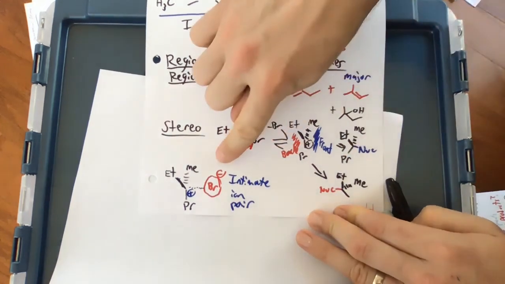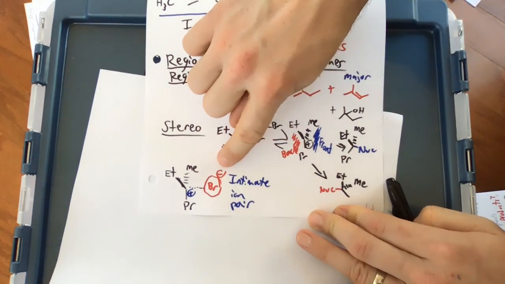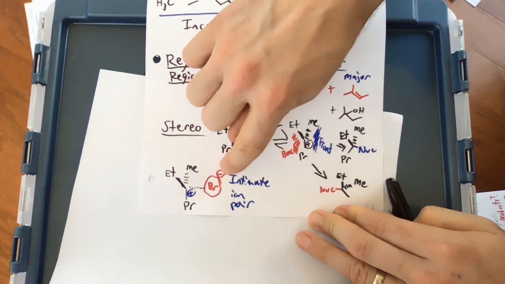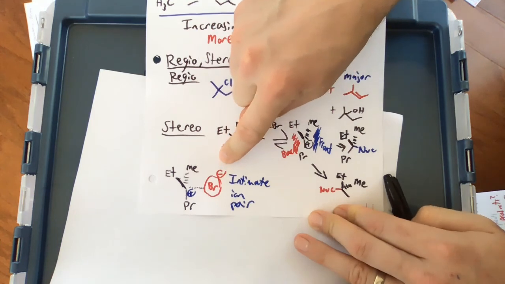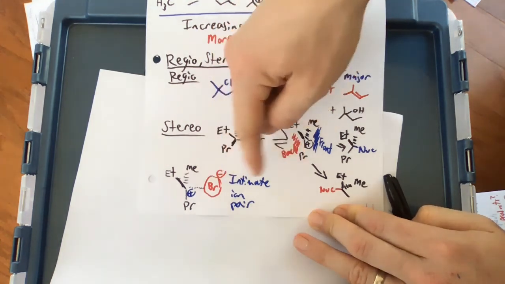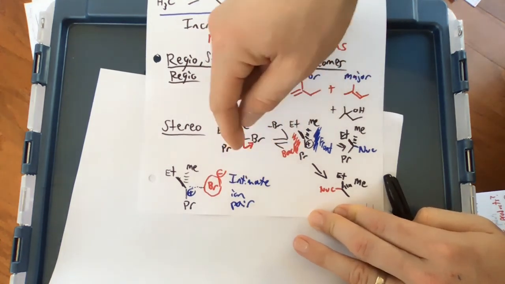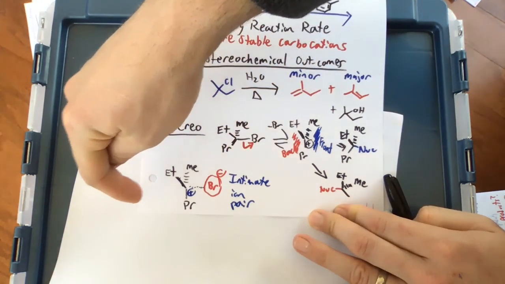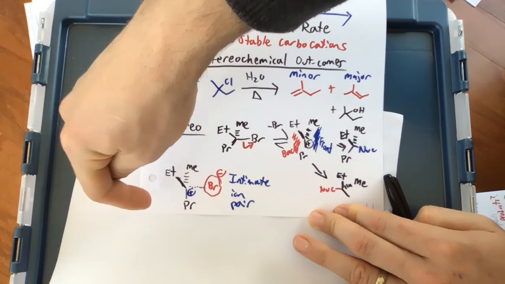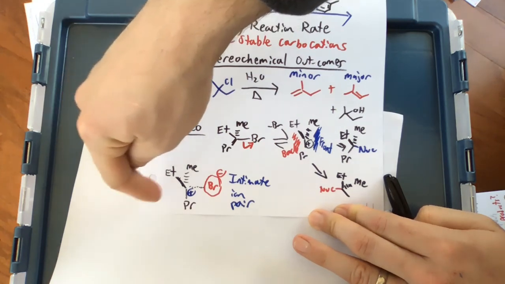So the negatively charged bromine on one side is going to fend off for just a little bit any of the nucleophiles coming to attack from this side. So there'll be a slight enrichment of isomers that were due to nucleophiles attacking from the backside.